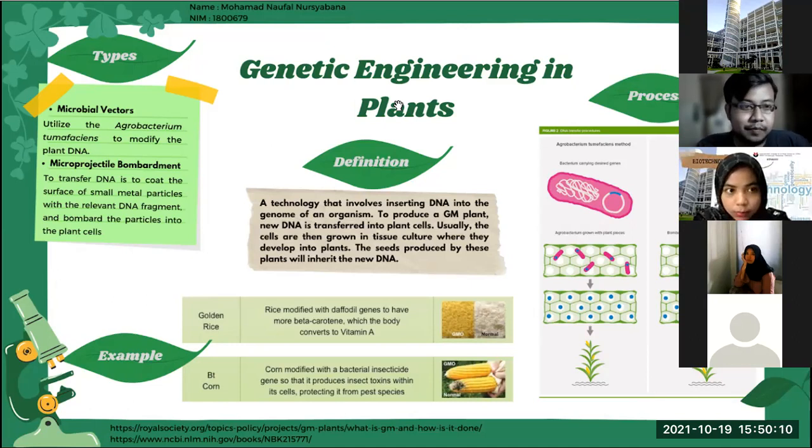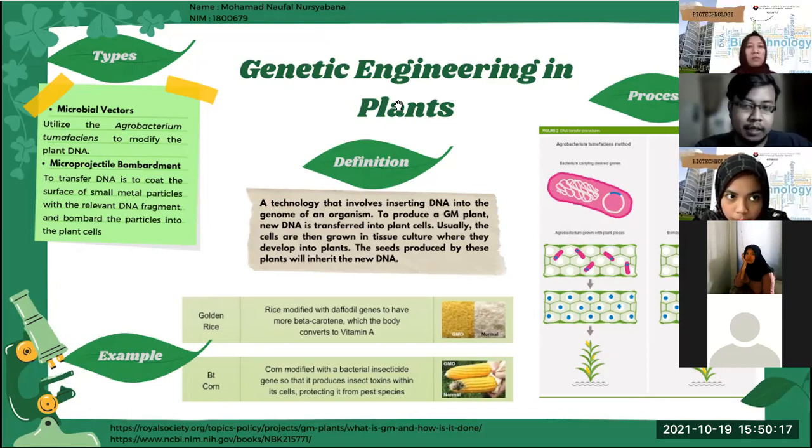The next is projectile bombardment. This method is more modern and more straightforward, because we collect the DNA that we desire first, insert it into a particle gun, and then bombard the plant cell with the particle gun.